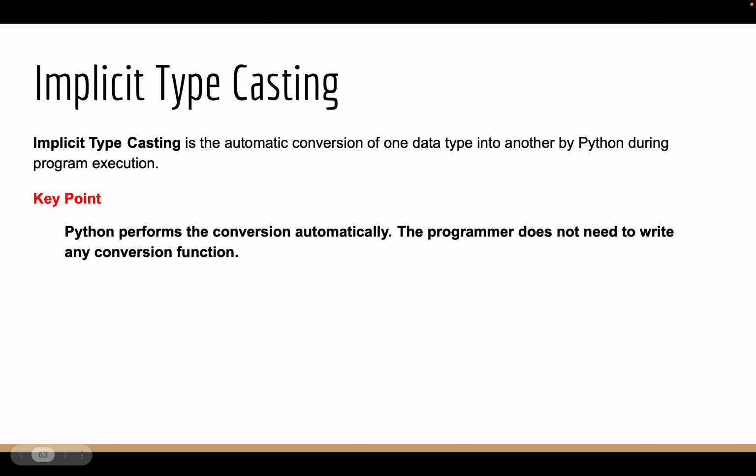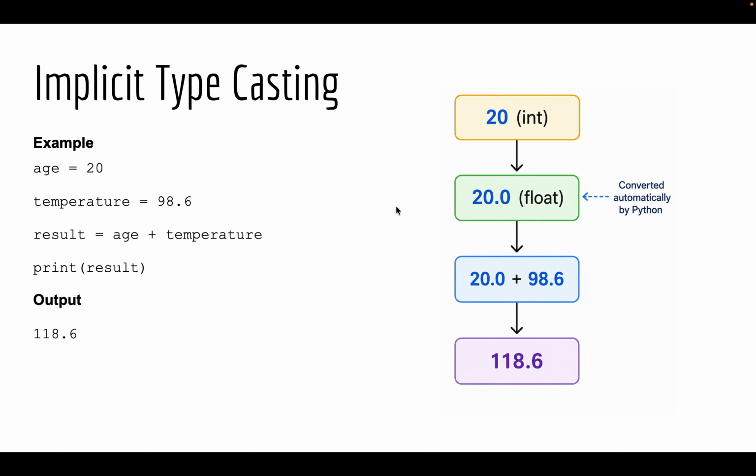Moving forward to implicit typecasting, it's an automatic conversion of one data type into another data type for performing mathematical calculations. The programmer does not need to write any conversion functions. In this example, we can see that the variable age has value 20 of integer data type, and variable temperature has data 98.6 of float data type.